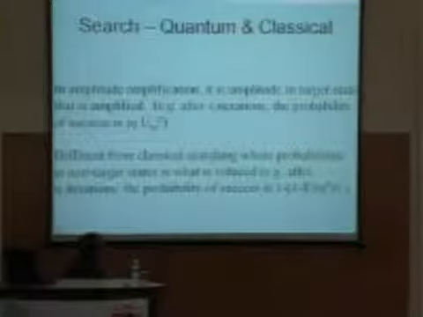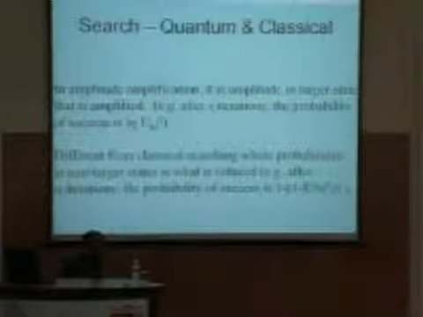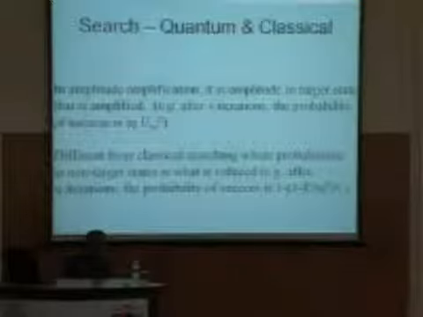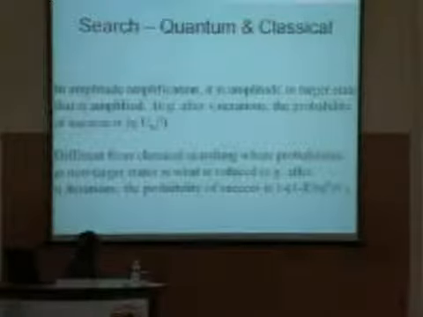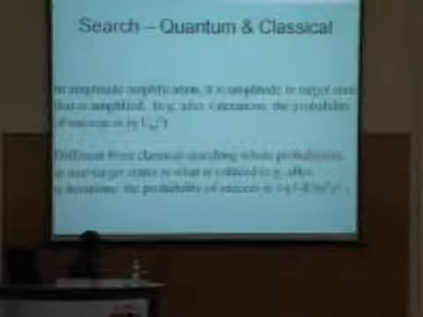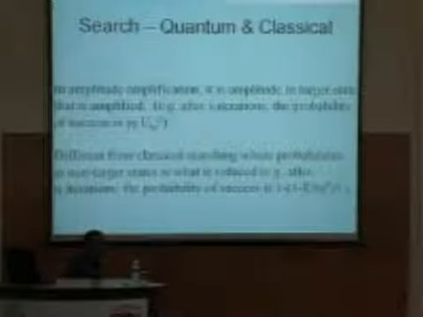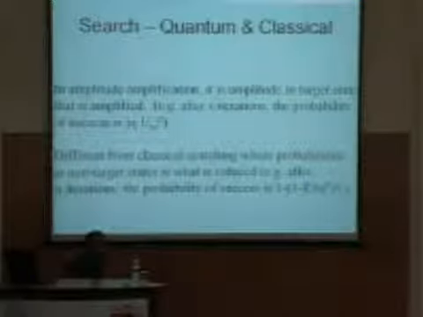The thing to realize is that what is happening in quantum and classical search is very different, just like the principles of airplane design were very different in the two domains. Over here, classically, it is the probability in the non-target states, or non-desired states, that is being gradually reduced through attrition.